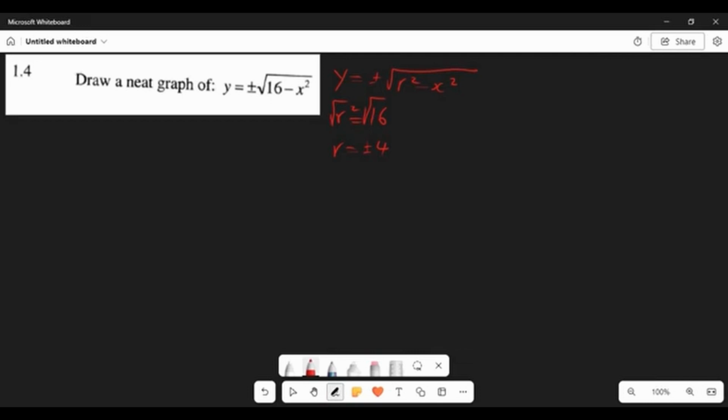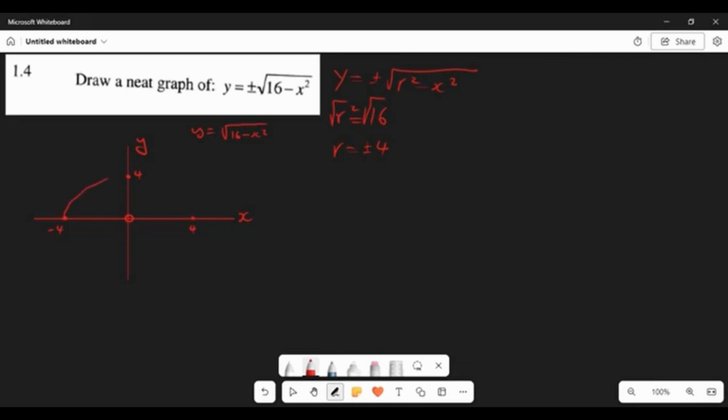Now since we have plus or minus, your graph is going to be as follows. We have your y, you have your x, and the origin. So when y is equal to positive square root of 16 minus x squared, it's going to be cutting at 4 and intercepting at negative 4 and positive 4.